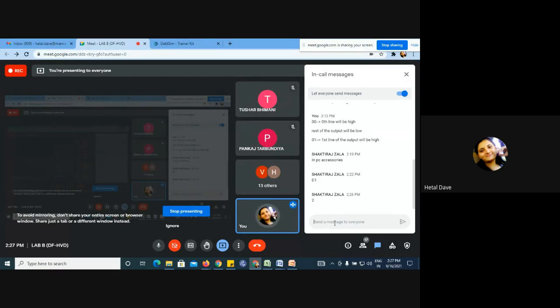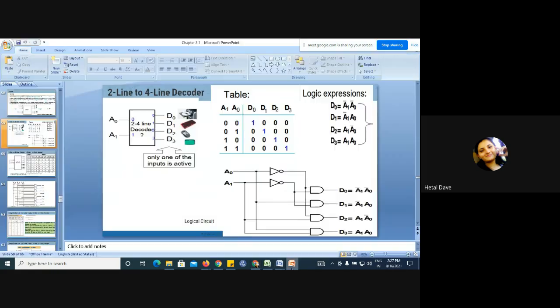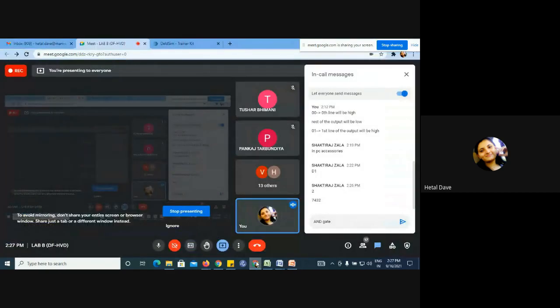AND gate and... 7432, Shaktiraj, is the OR gate IC. Over here, OR gates are not there anywhere.